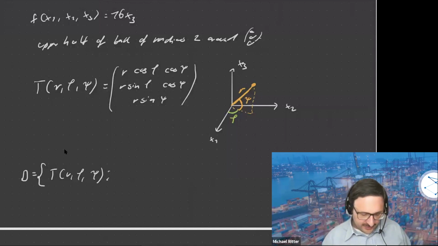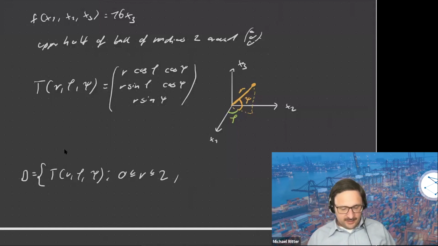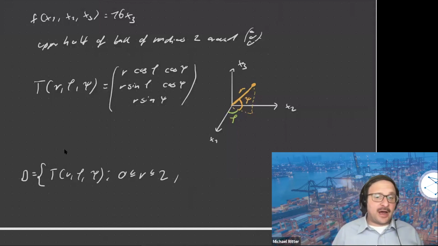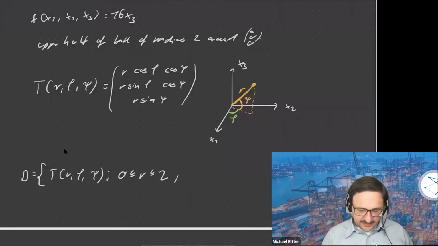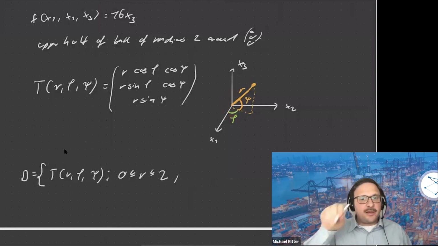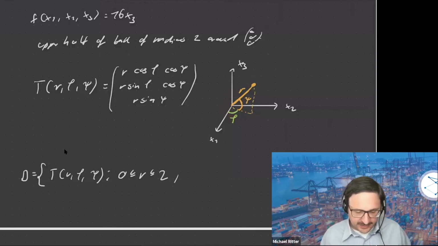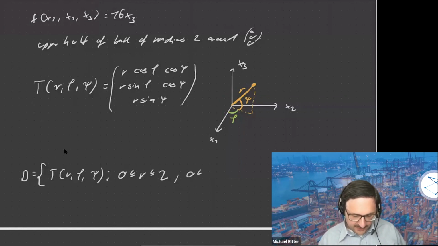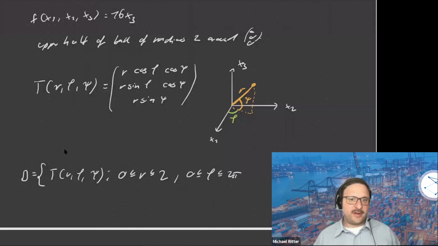That means the radius is between 0 and 2. We want the whole upper half of that ball. That means with that phi here, we're rotating around the x3 axis completely. So we make a complete rotation around that. We let phi be between 0 and 2 pi. 2 pi is a complete rotation.